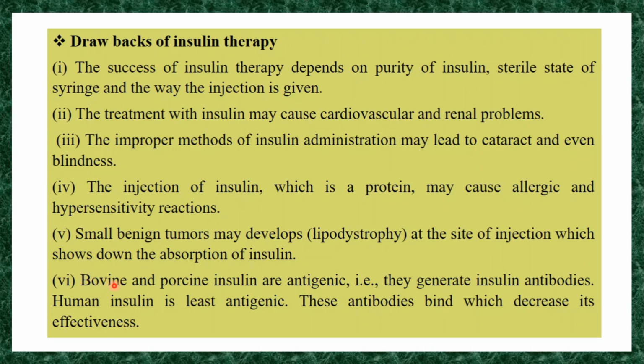Then the next drawback is that bovine and porcine insulin are antigenic. It means that they generate insulin antibodies. Human insulin is less antigenic. These antibodies bind, which decreases its effectiveness.